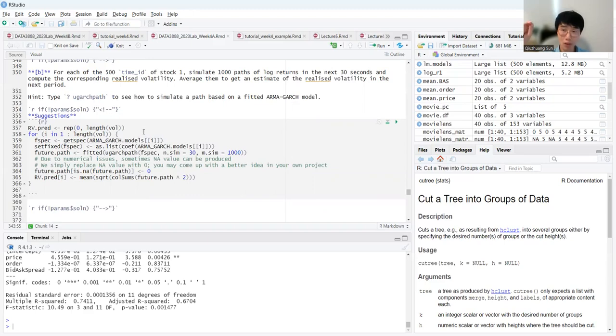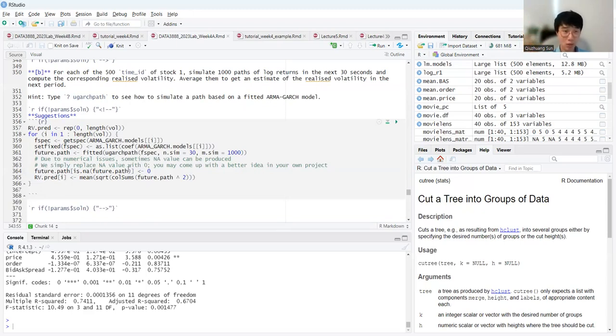So to predict the realized volatility in the next 30 time intervals, I simulate the log returns in the next 30-second period, then square them, sum them up, and take the square root to obtain the corresponding realized volatility. This is our strategy. And we can simulate a large number of such time series, then take the mean to get a more accurate estimate of the realized volatility.